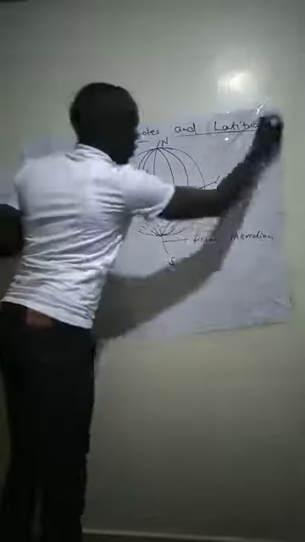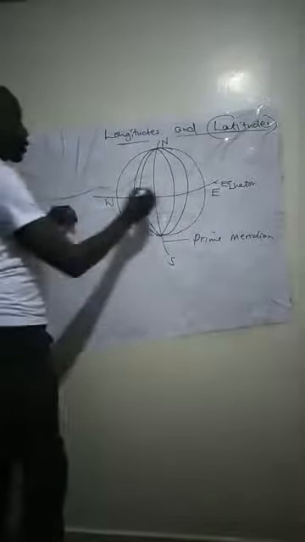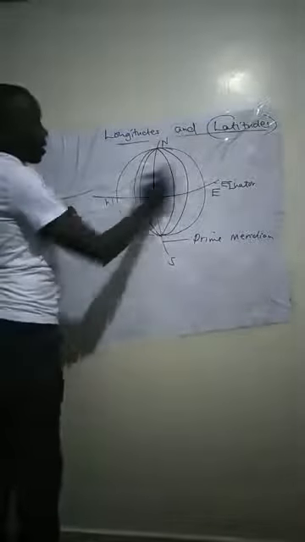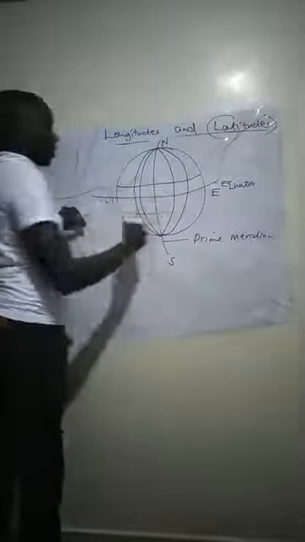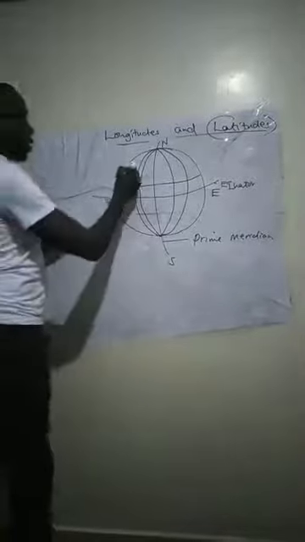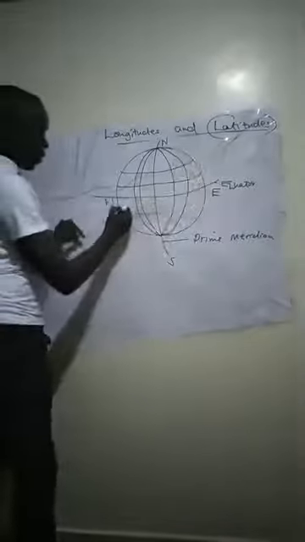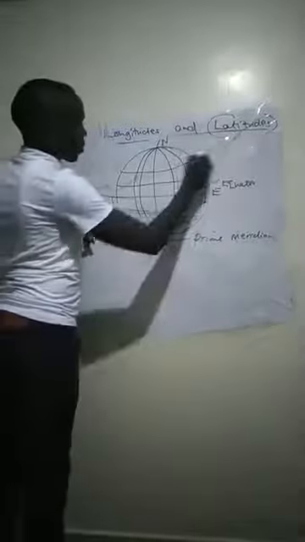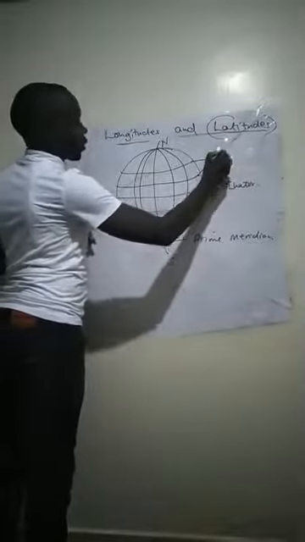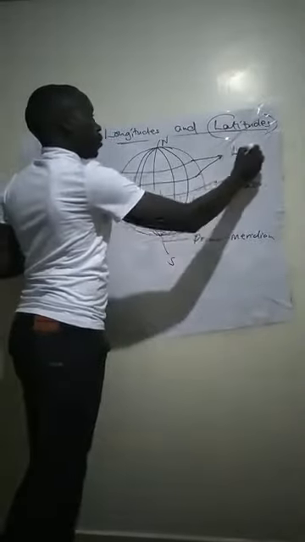In the case of the latitudes, they run from west to east. So we're going to have these lines again running parallel to the equator, running from west to east. But in this case, they do not meet either the west or the east. You have another one here, another one here, and another one here, etc. These which run from west to east, we call the latitudes.